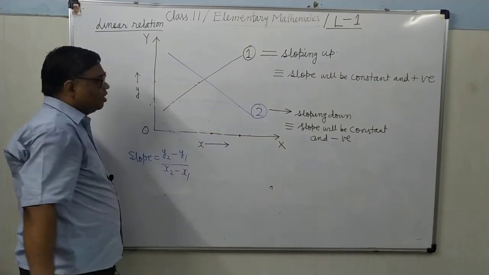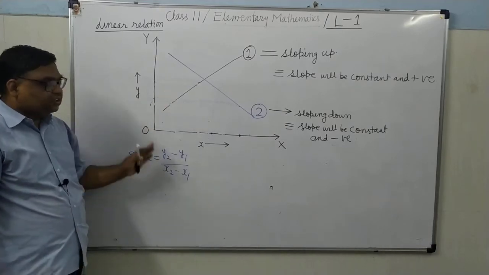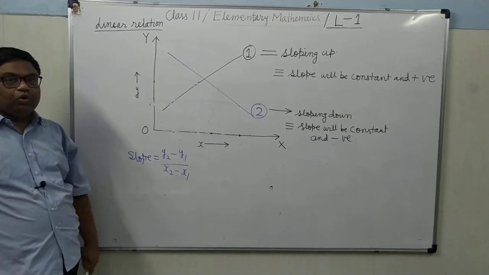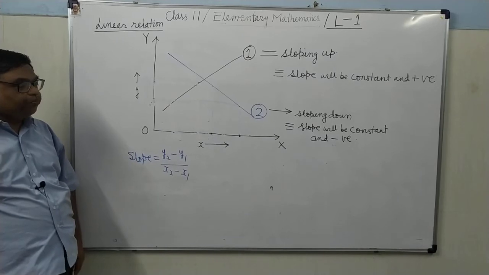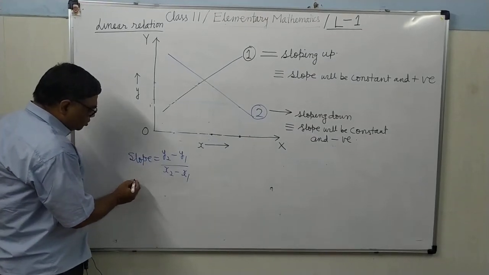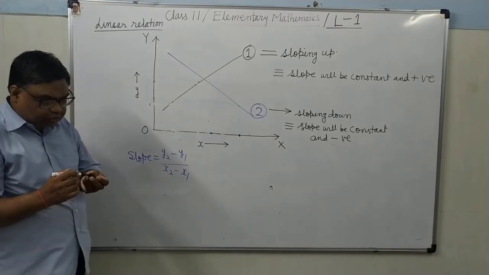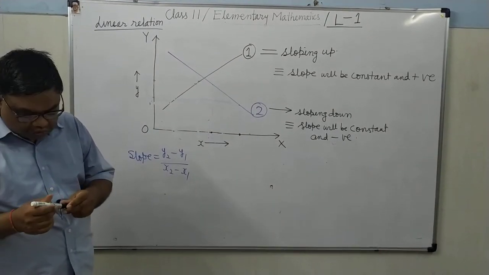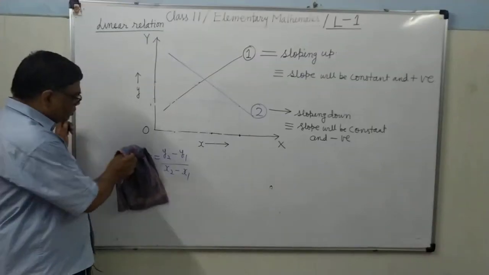If it is a displacement time graph, as I have already told, slope will be the velocity.